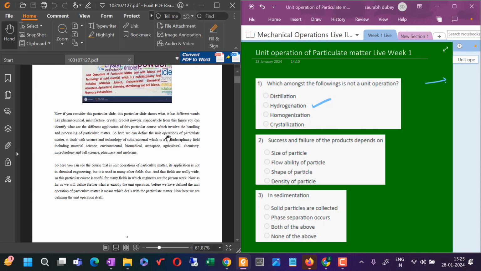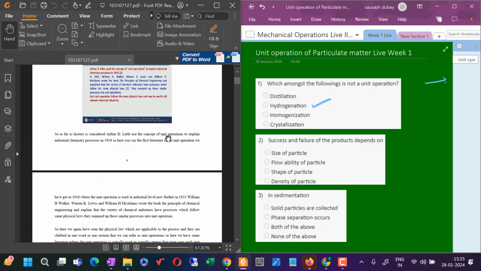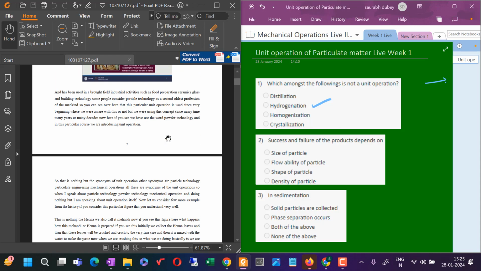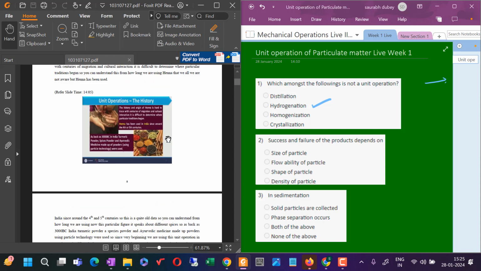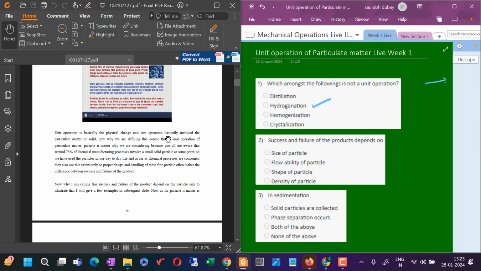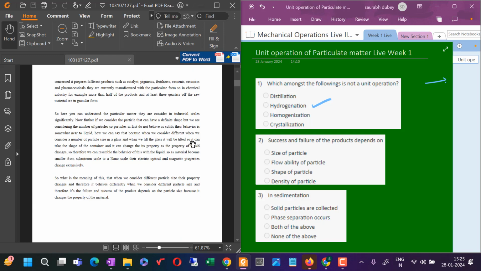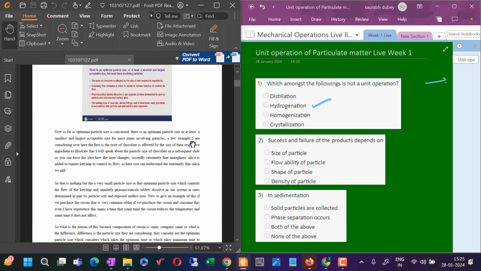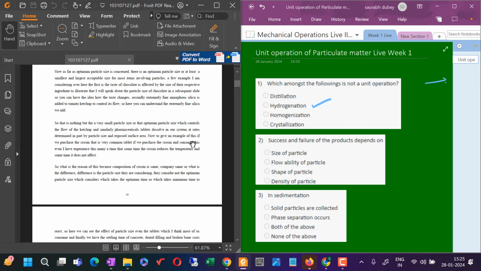All the other options, flowability, shape, and density of the particle, are anyway related to the size of the particle. So the most important and controlling parameter here is the size of the particle, on which the product's failure or success depends.